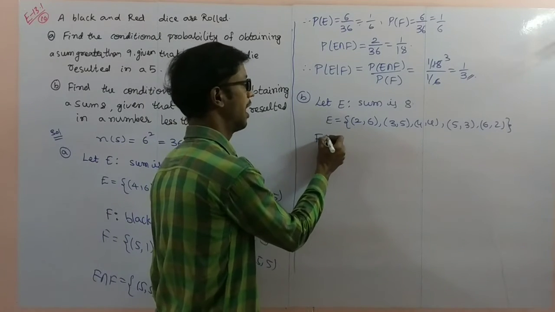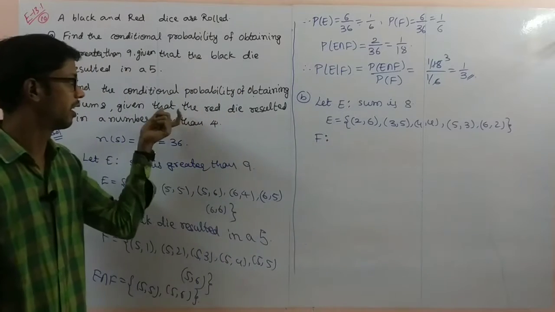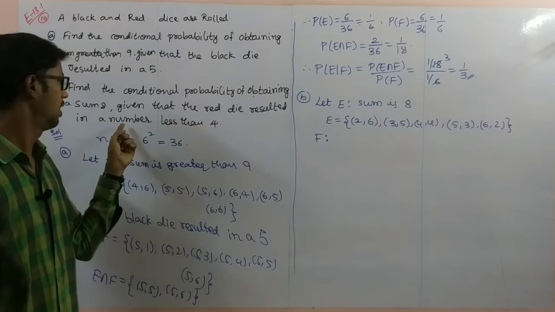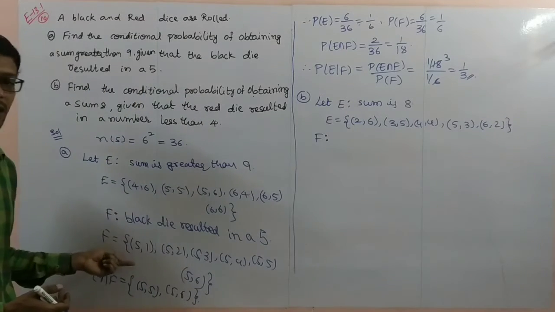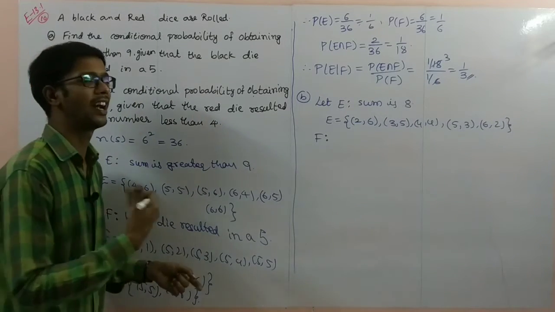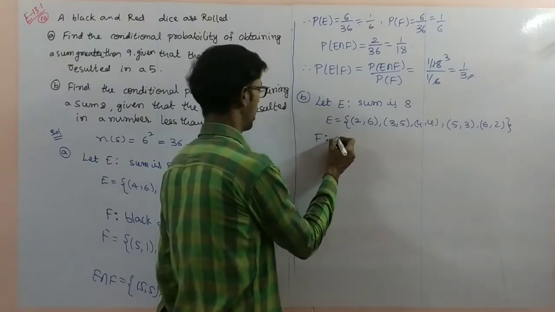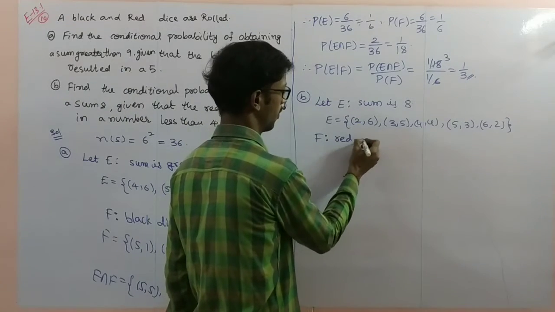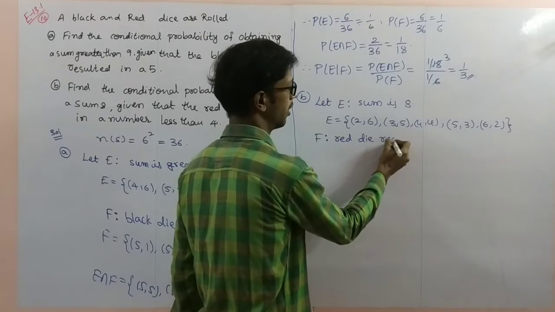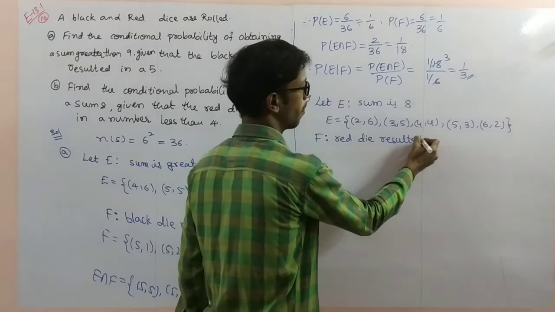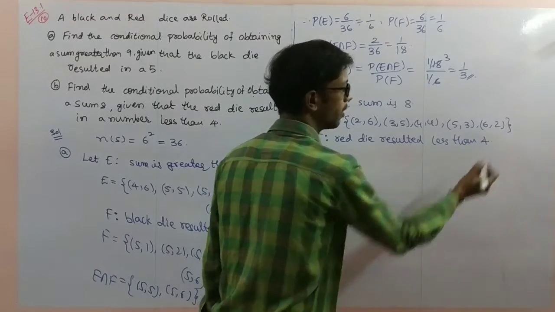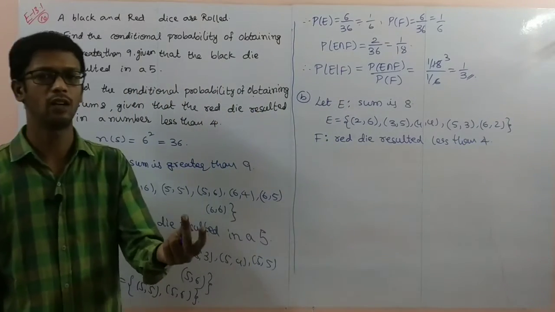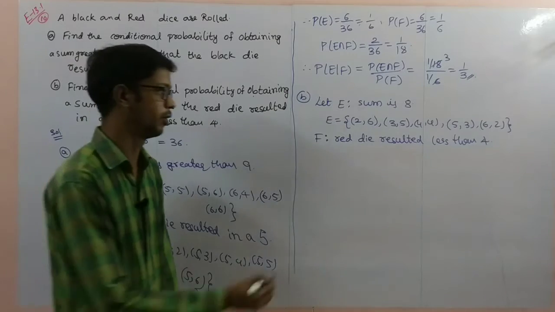Next, F is another event, given that the red die resulted in a number less than 4. Here I am taking the black die as the first position and the second position is the red die. So the red die resulted less than 4, which means 1, 2, 3. 3 numbers are possible.